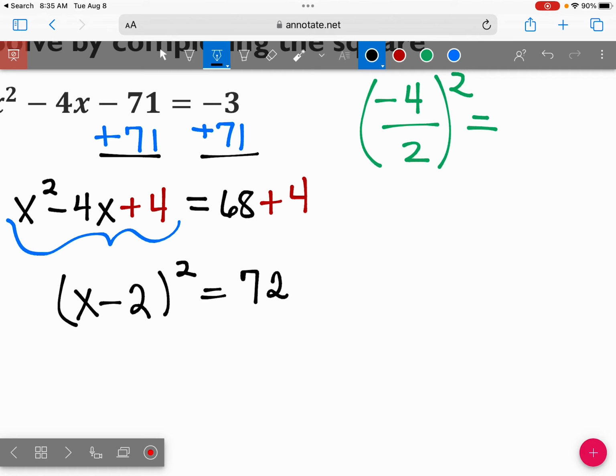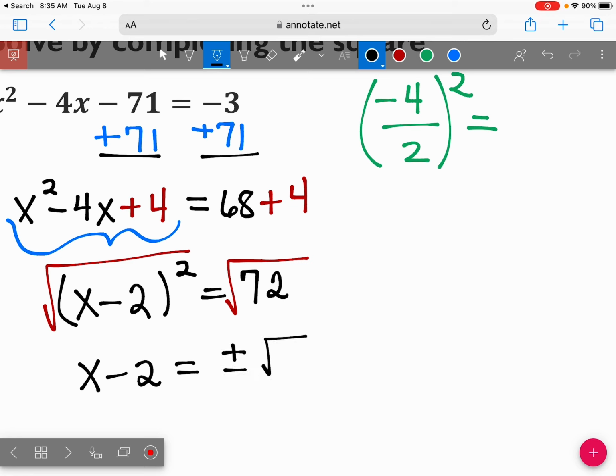So now we got to get rid of the exponent. So we're going to take the square root. Now, the last example, we had 11. 11 can't be simplified, but 72 can. So we have X minus 2 equals plus or minus. 72 can be broken down to 36 times 2. 36 is a perfect square.